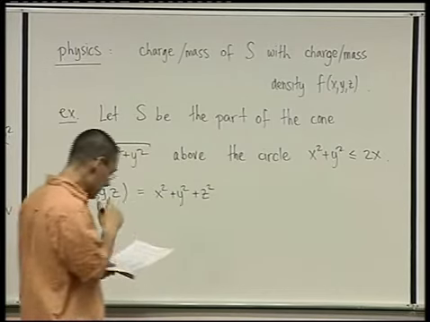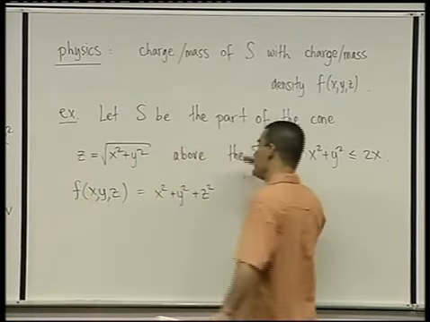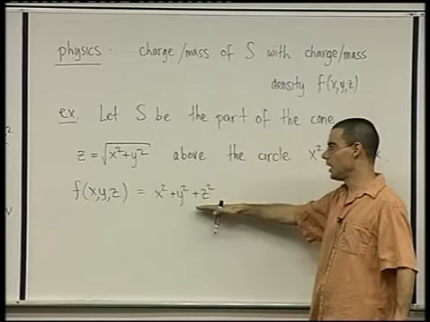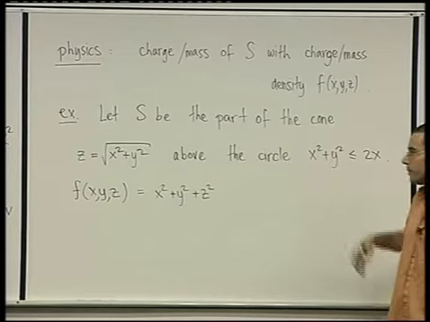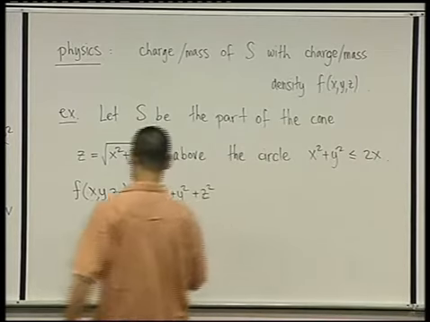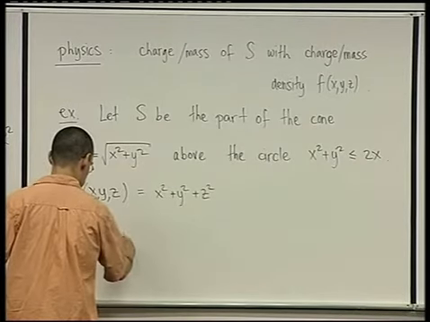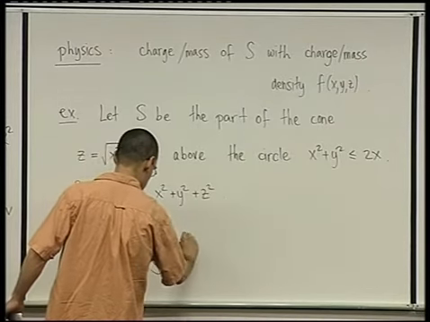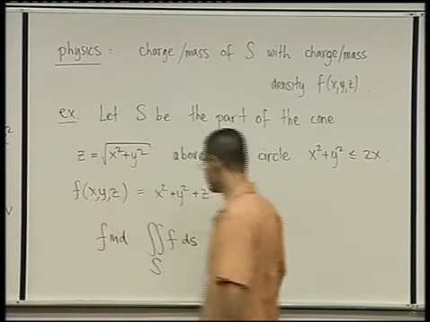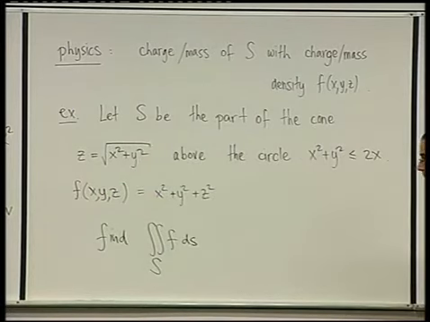Suppose this is the surface and this is the charge density, and I want to find the total charge of the surface. So we want to find the surface integral of f dS. So what do we need to do?